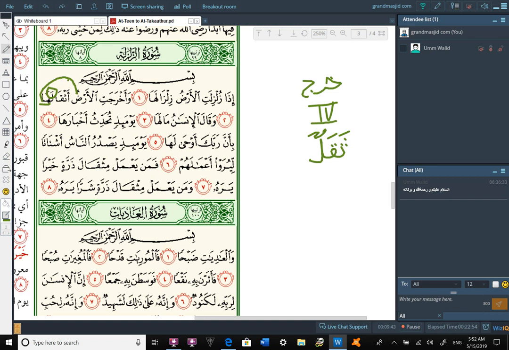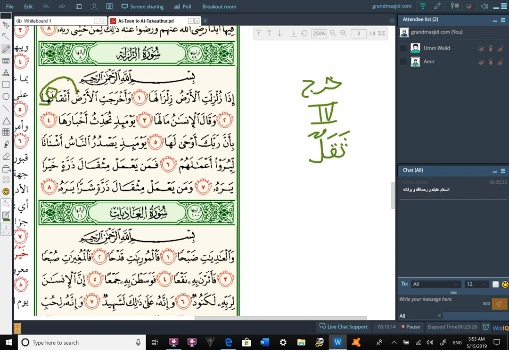When the earth throws out its burdens, meaning its dead people, as well as we'll see inside of the dead animals. The animals as well will be judged on the day of judgment, even though they will be destroyed after the judgment, and they will be turned into dust or something, and they will not enter the paradise, but they will be judged.